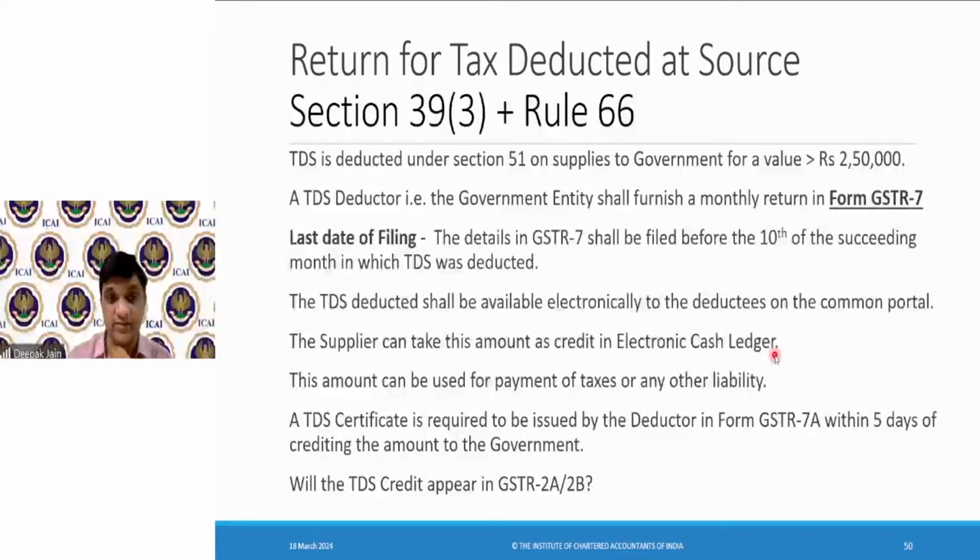Only those credits will come. This is not a credit, so it will not come. It will appear in your electronic cash ledger.